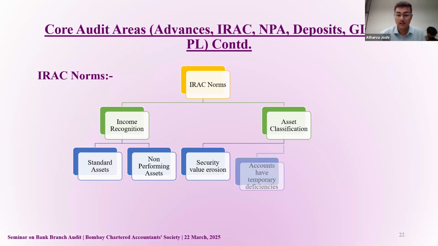There can be cases where there are temporary deficiencies in the borrower account, like in case of a term loan, whenever the borrower does not pay his installment for a continuous period of 90 days or the account remains overdue.